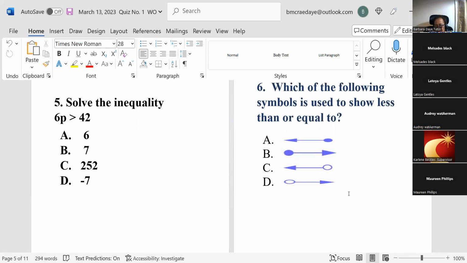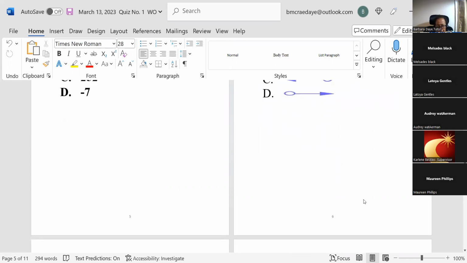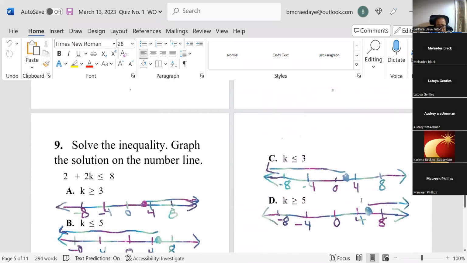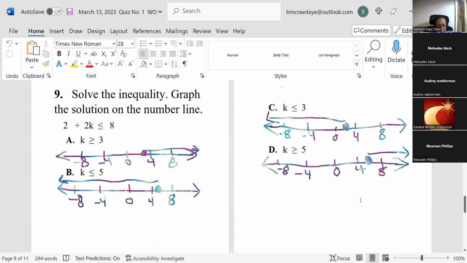Any other questions anyone needs to see? Can I see 9 and 10 again, miss? 9 and 10, okay. Here is number 9.